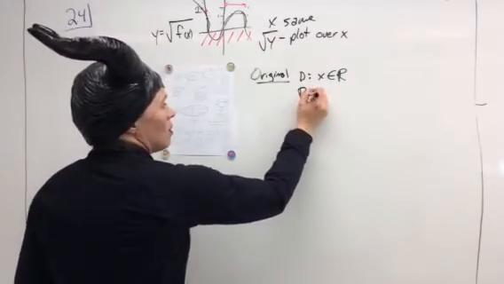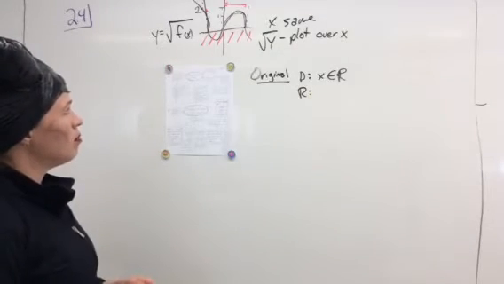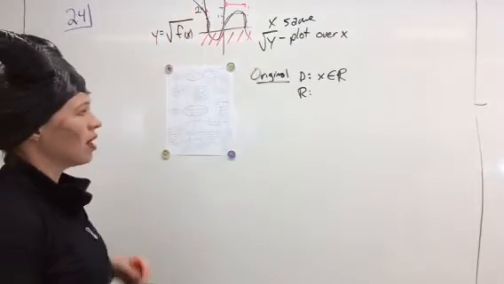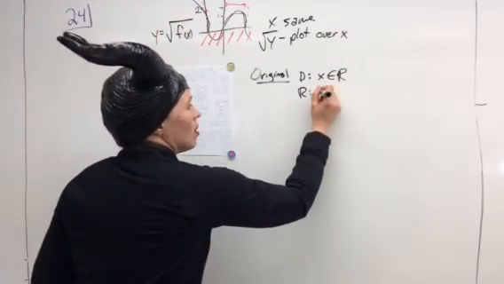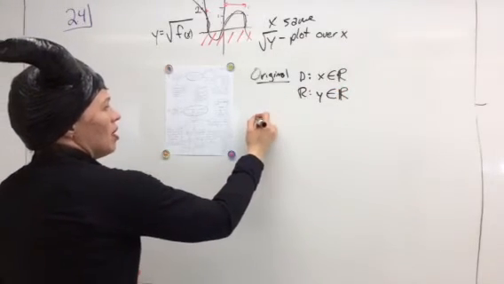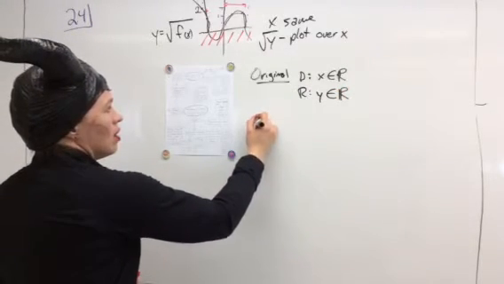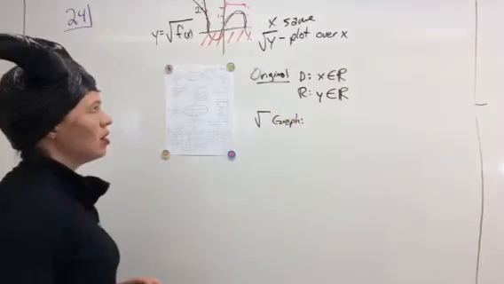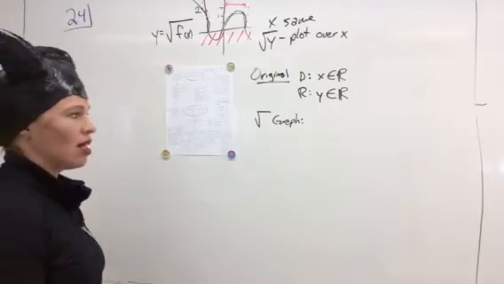And the range of this graph would have also kept going because it's got this line descending, this line going up, no limits. So y was also in the realm of R. But the root graph, the one that we plotted, isn't that way.